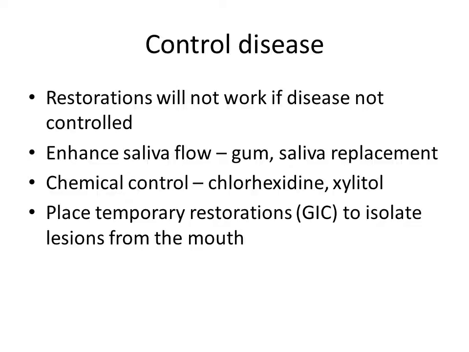So we need to know what does their disease currently look like, and we also need to know what are the risk and protective factors that this person has around them or within their mouth that is influencing the progress or not of disease. And then we can focus, if they are progressing in terms of their disease, we can focus our interventions towards particular areas.